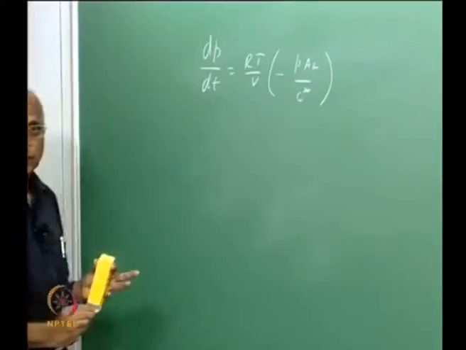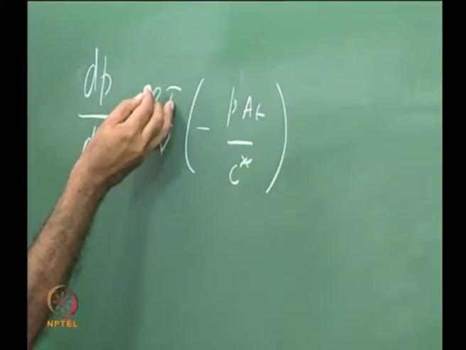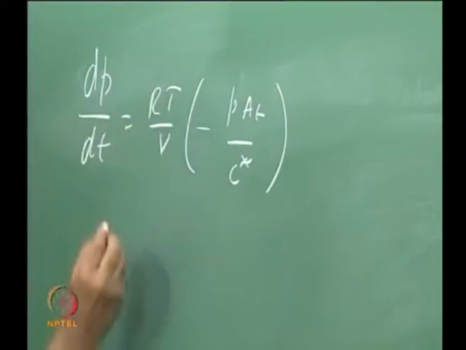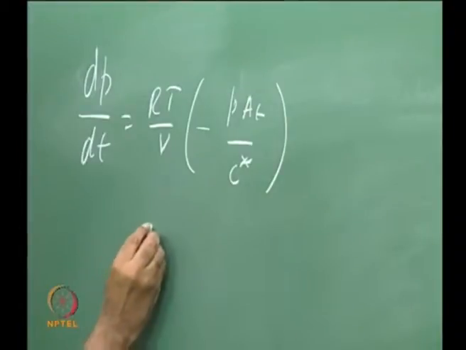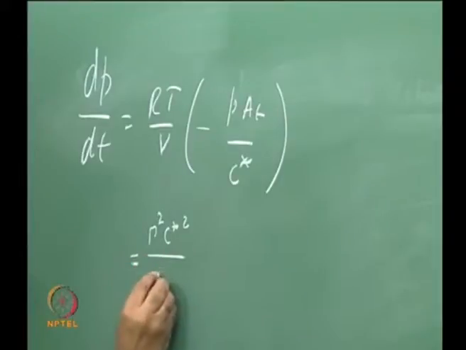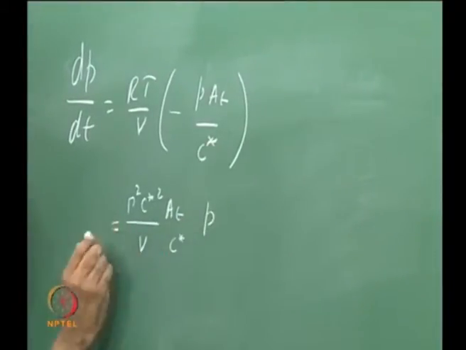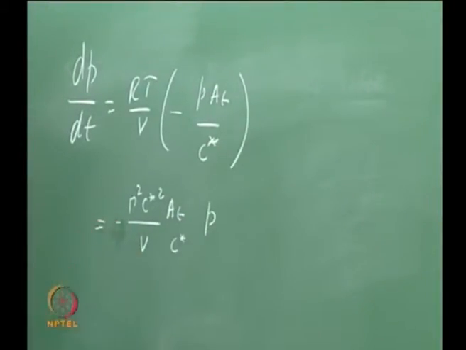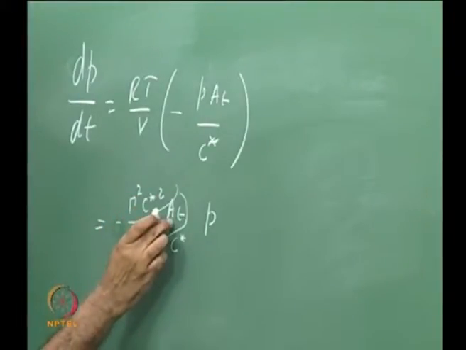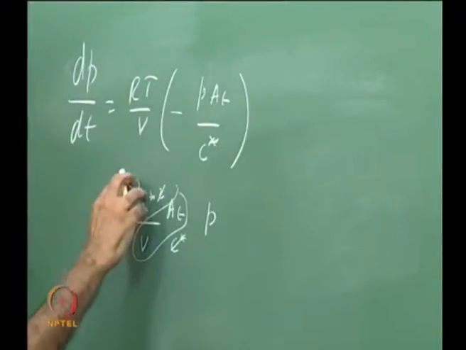Correct, and therefore we did the same non-dimensionalization: RT is equal to gamma square into C star square, and therefore we got gamma square into C star squared divided by V. We took AT outside, and the value of C star comes over here as P, and this negative sign comes over here. Now this becomes your L star, that is volume by throat area, the characteristic length, and C star is a unit of velocity.